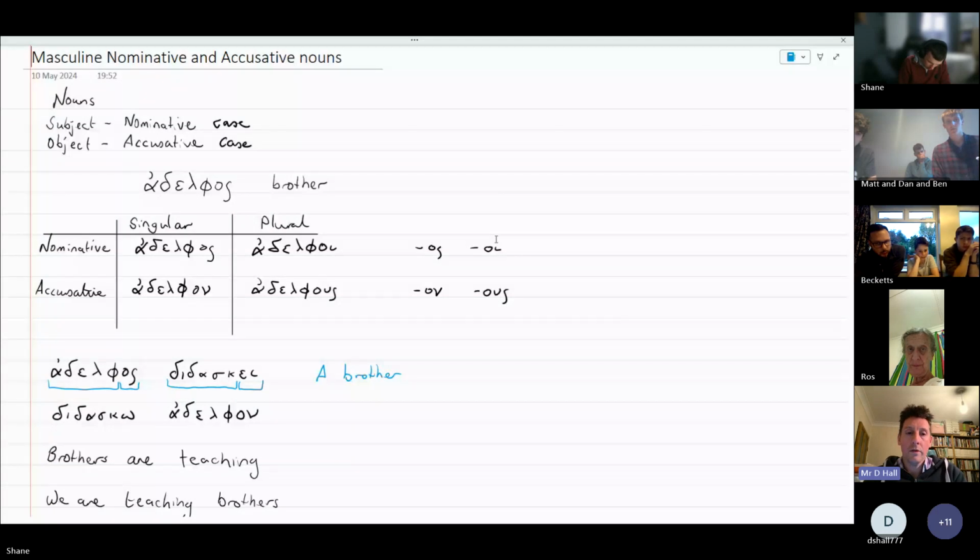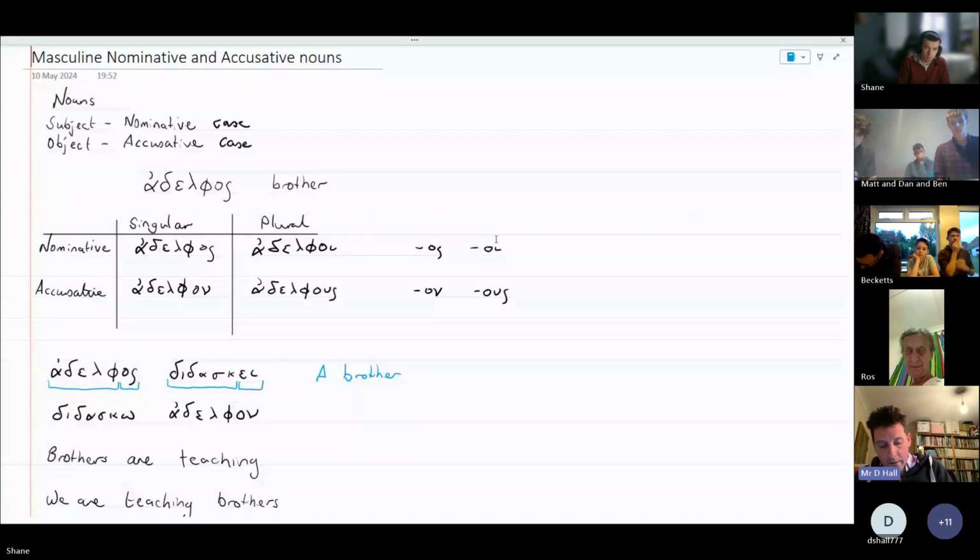In the context of this particular sentence, brother is male, so didaske must refer to he is teaching. So if we write down the sentence, we're going to write down a brother is teaching.